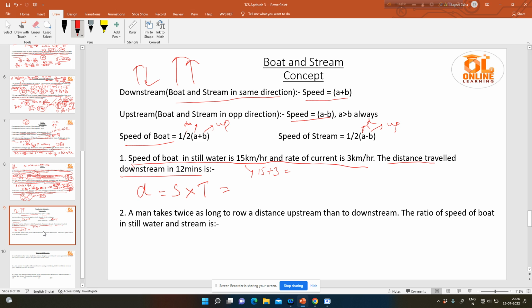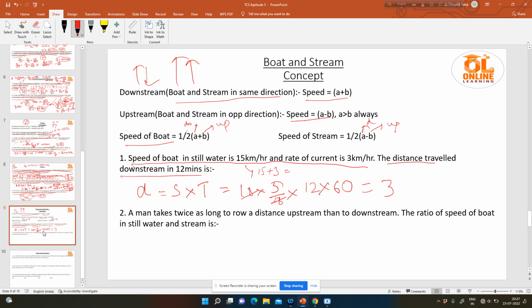But we have to convert it into meter per second. To convert into meter per second, we have to do 18 into 5 by 18. And time is 12 minutes, so to convert it into seconds, we have to multiply it with 60, right? So let us solve it. 18 will be cut, so it would be 5 into 12 into 60.